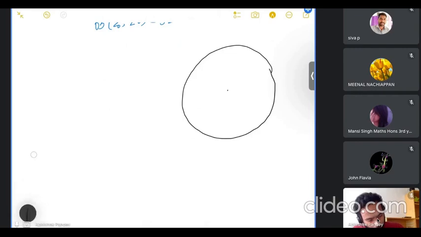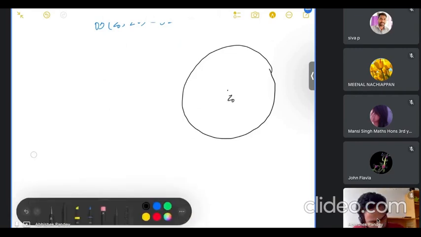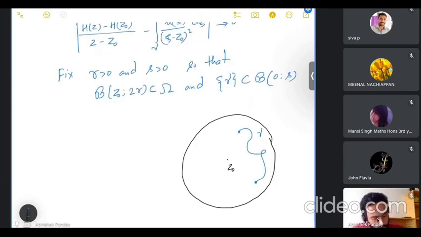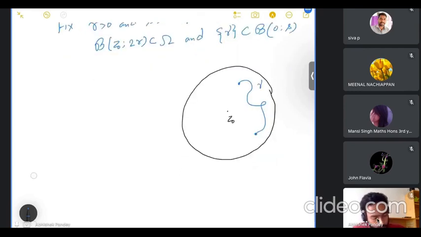So this is your point z naught, and let us say this is any curve gamma. So this gamma is in this one, and if you make a radius 2r ball, so this is radius 2r.